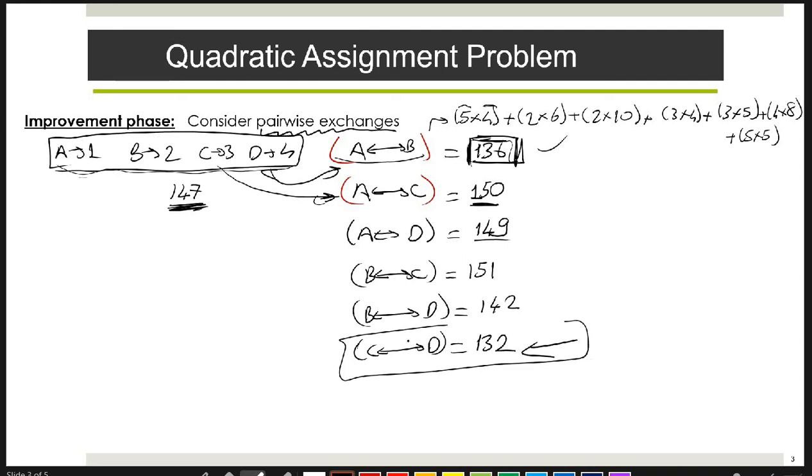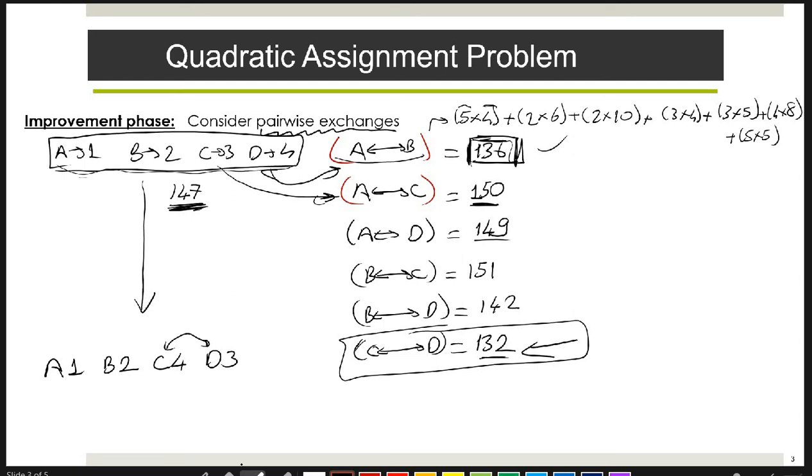So, what will be our solution? It will be A assigned to 1, B assigned to 2, C assigned to 4, and D assigned to 3. Look, the locations of C and D with respect to this one are changed. And we now have a cost of 132.